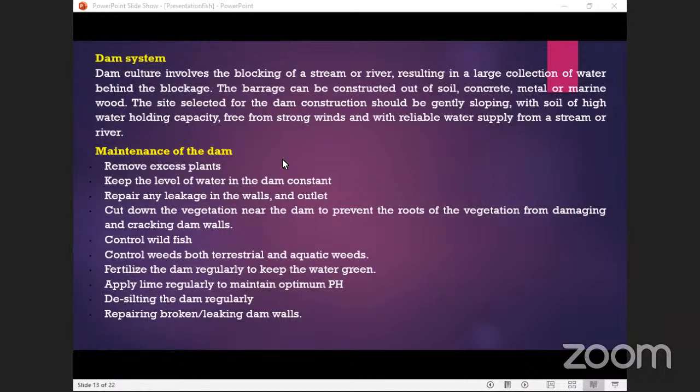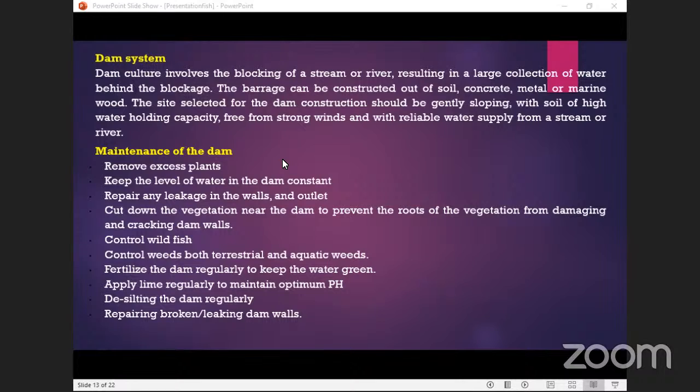Or a barrage. A barrage can be constructed out of the soil which is available. You can either use concrete, a metal, or marine wood. The site selected for the dam construction should be gently sloping with the soil of high water holding capacity, and then free from strong winds, because this wind can easily come and take away the blockage.